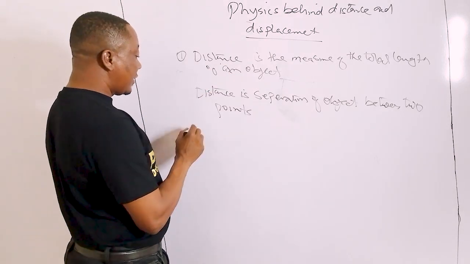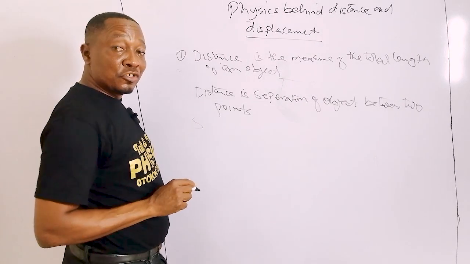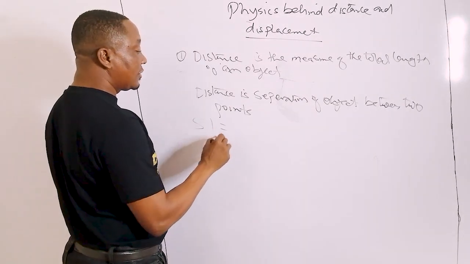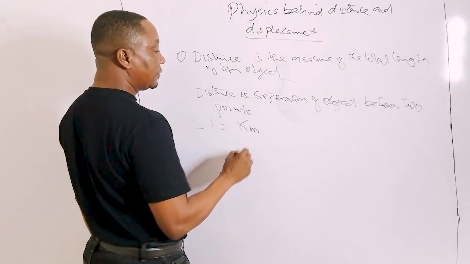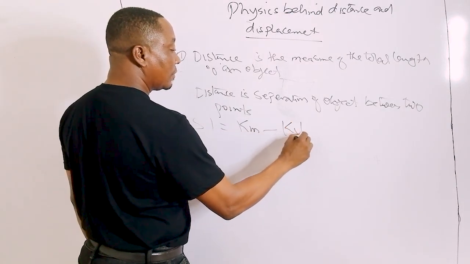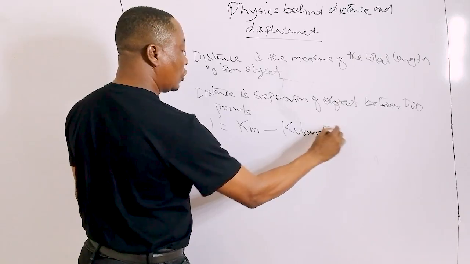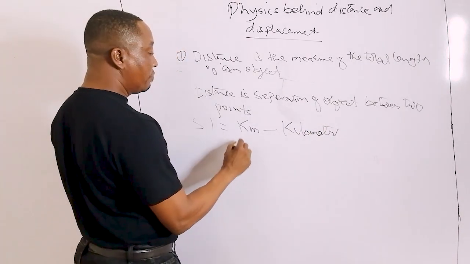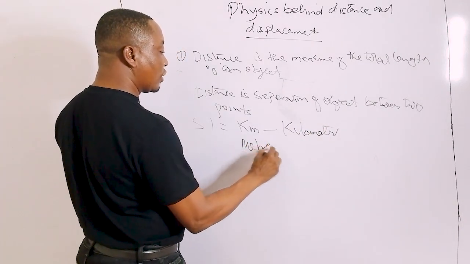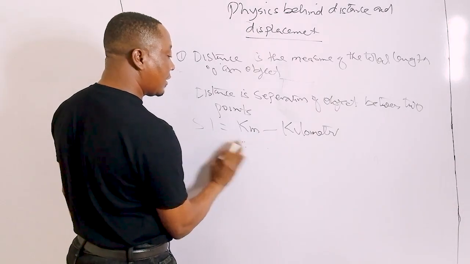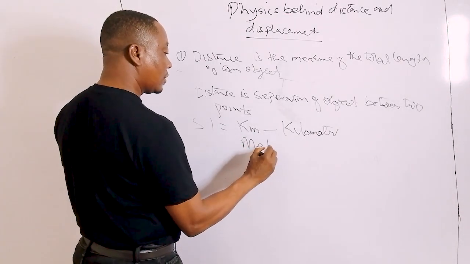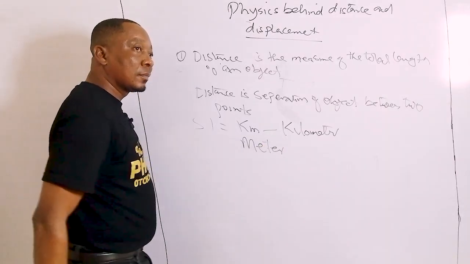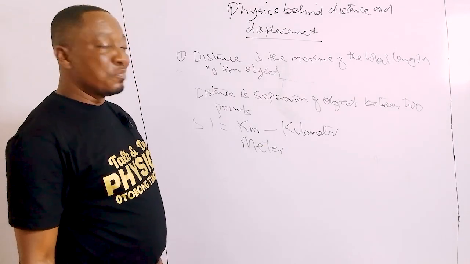And also, the SI unit, that is the standard unit of distance, is the kilometer and also the meter. That's how it is measured.